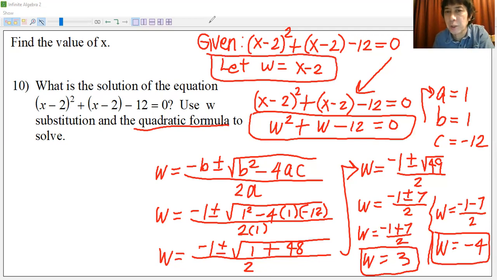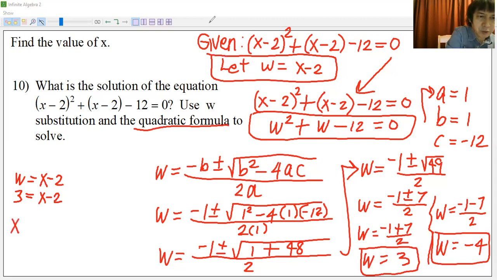We will be using 3 in place of W. So 3 equals x - 2. After solving for x, we will get x equal to 5.